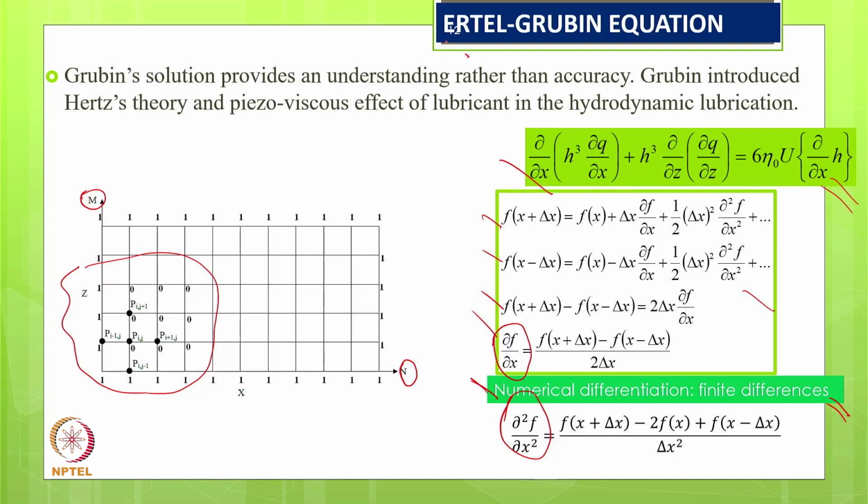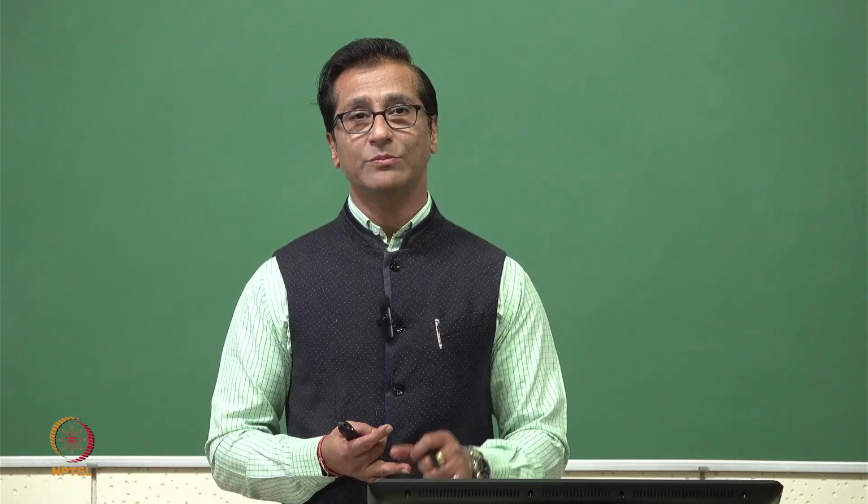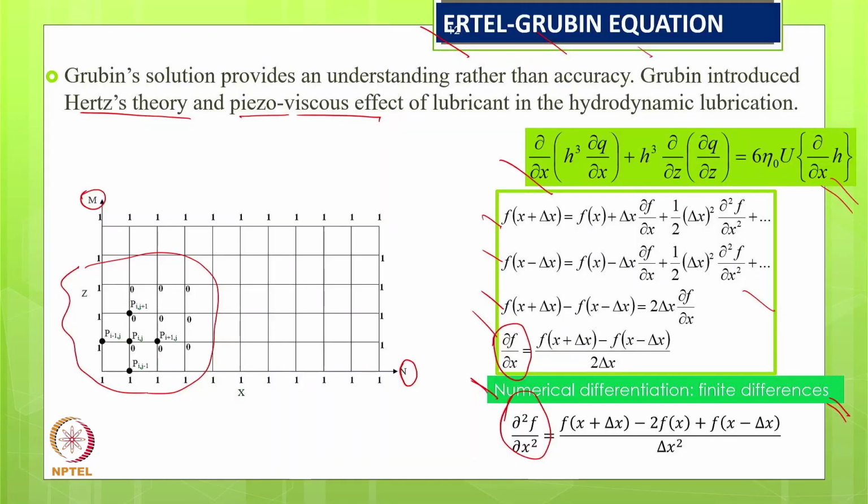For that, the Ertel-Grubin equation is a known equation which started accounting for Hertzian theory, that means bringing in elastic deformation and piezo-viscous effects. So we started the lecture with Hertzian theory, elastic deformation. We considered one example. Again, the second example we said was piezo-viscous but rigid. Now we are coming to the Ertel-Grubin equation, which incorporates Hertzian theory as well as the piezo-viscous effect, both together along with hydrodynamic lubrication.